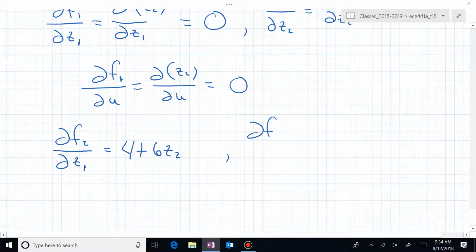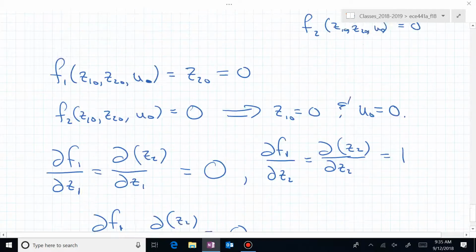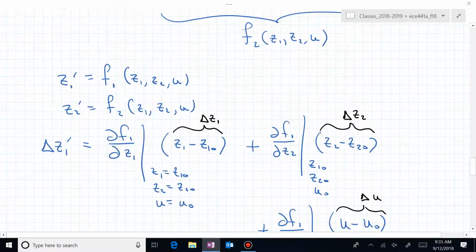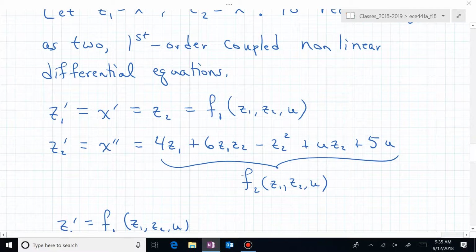What's the partial of f sub 2 with respect to z sub 2? Now we go back and look at f sub 2, find the terms that involve z sub 2, and perform the partial differentiation. 6z1 minus 2z2 plus u.